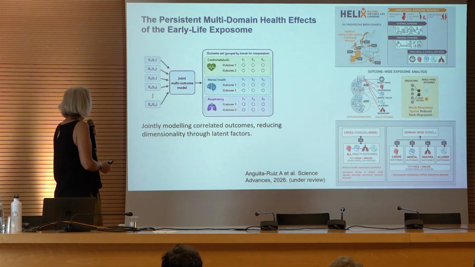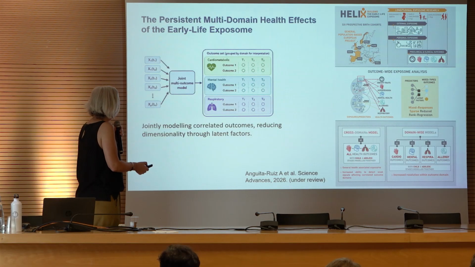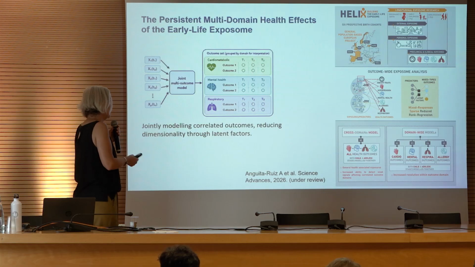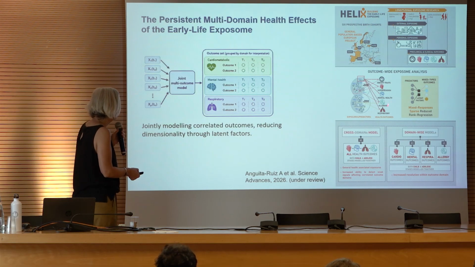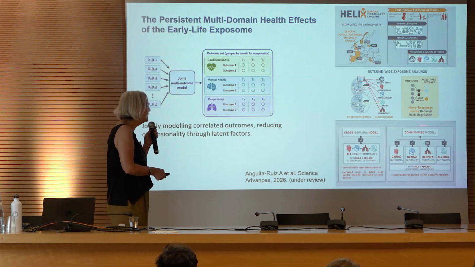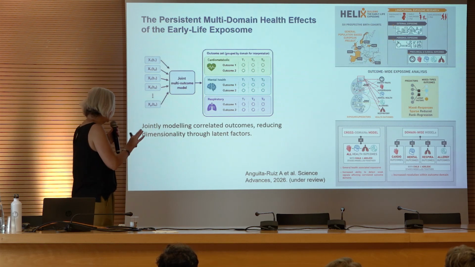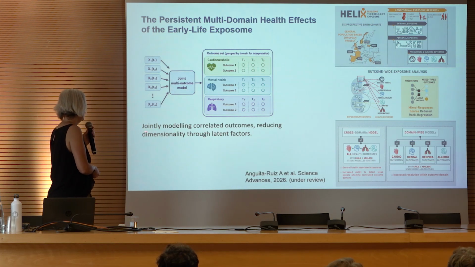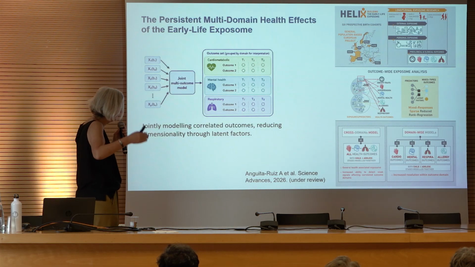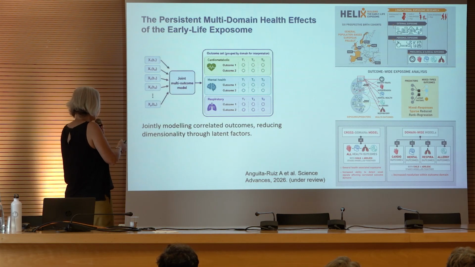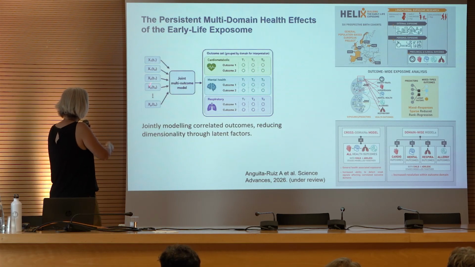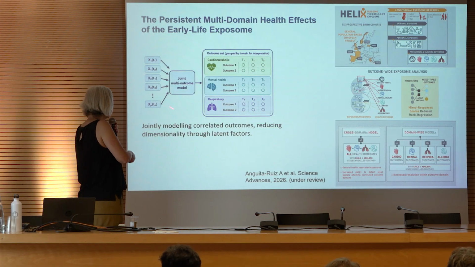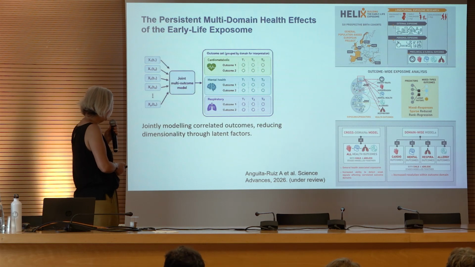So this is an example where we ran that analysis with the method that came out as performing best in our simulation studies, and this is a reduced rank regression. I won't try and explain the statistics, but it is based on jointly modeling these correlated outcomes at different time points, and then looking at the exposure variables in relation to these latent outcome variables.